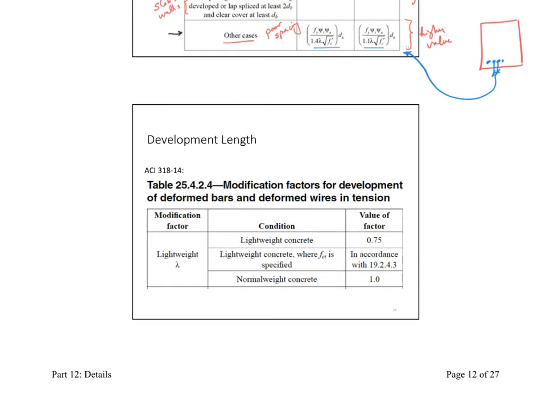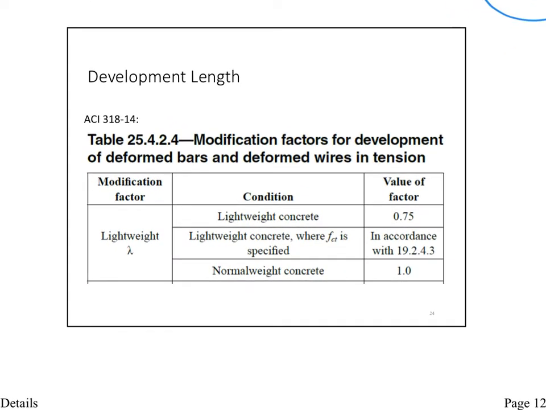The other one we have is this lambda. Lambda here is the lightweight factor. If I have lightweight concrete, this provides less of a bond with the concrete. So the best one is the normal weight concrete, which is our normal concrete. Then lambda equals 1.